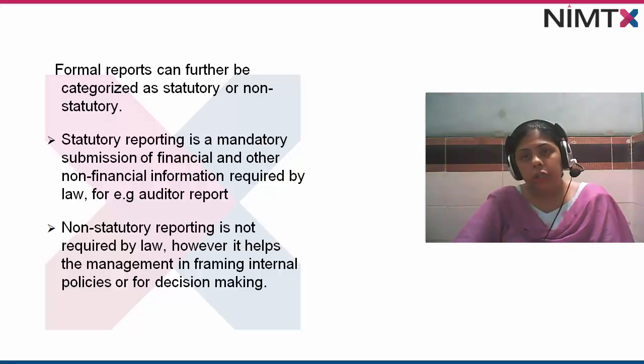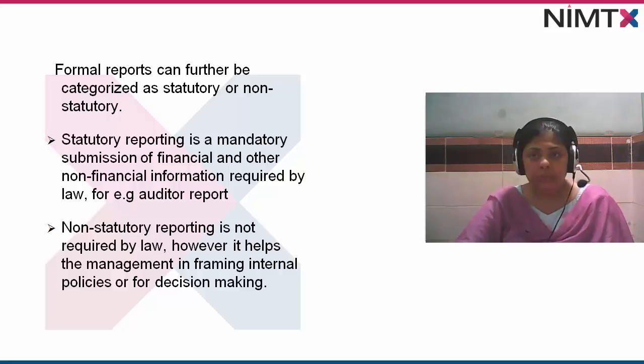Statutory reports usually are made by companies which are registered under the Companies Act 1956. So they are required by law to make a statutory report. They have to make a report.